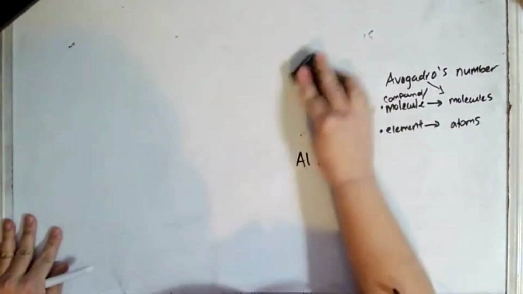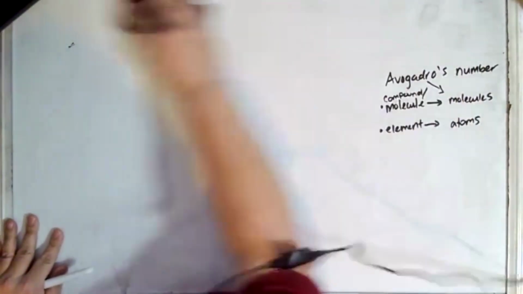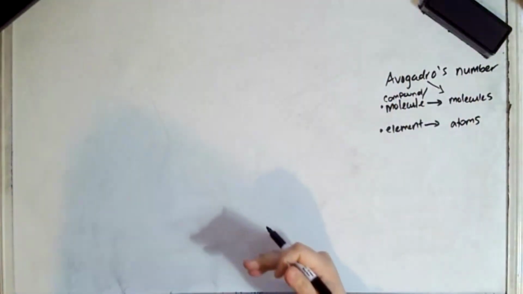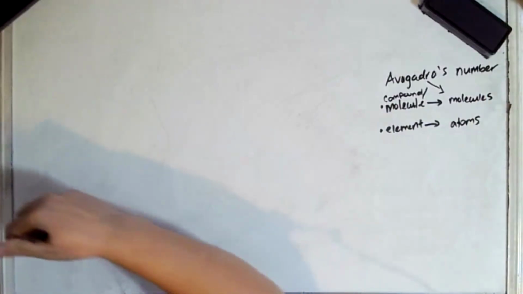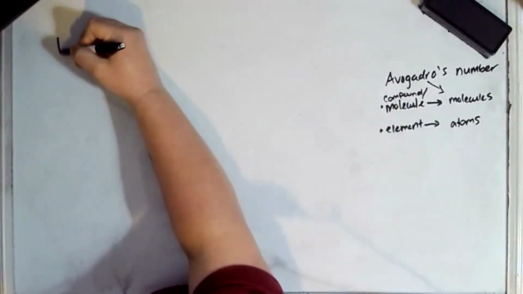The next question is asking something a little bit different. This time they're going to give us a number of atoms and they're asking us to figure out the number of moles.